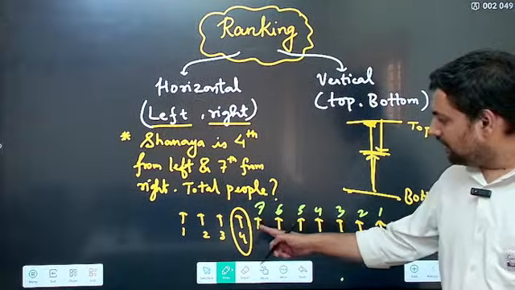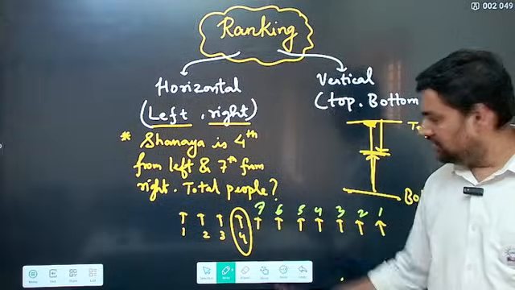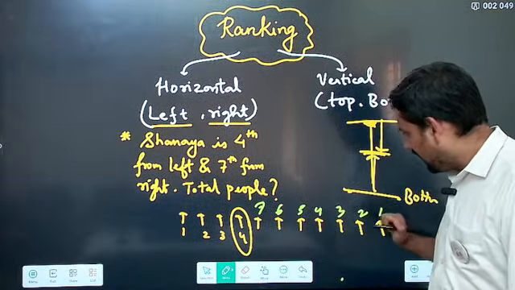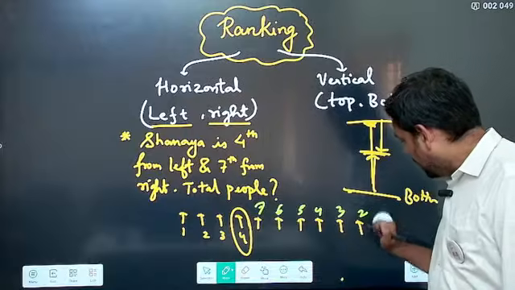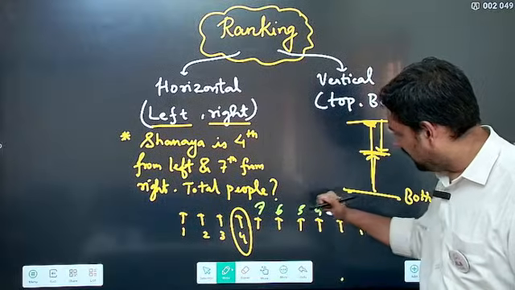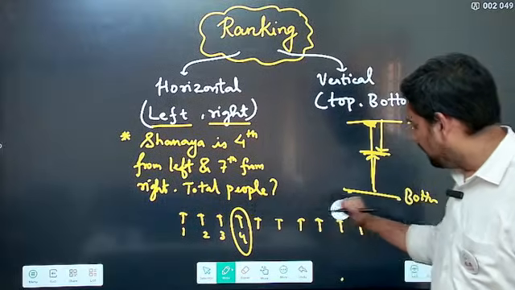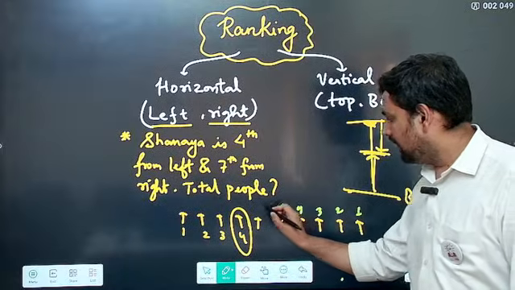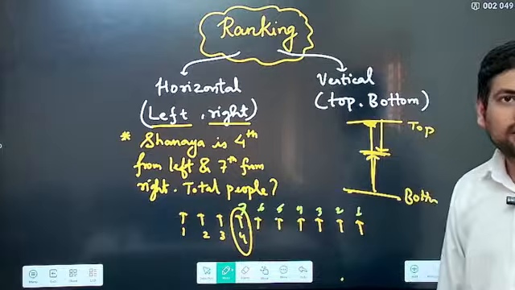Now ideally this should have been Shania. This Shania remains the same, so I cannot go like this. I should have gone like this. Now if you count it, it becomes 1, 2, 3, 4, 5, 6 and 7.